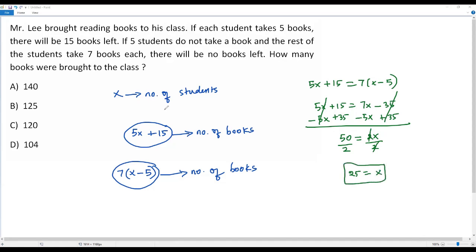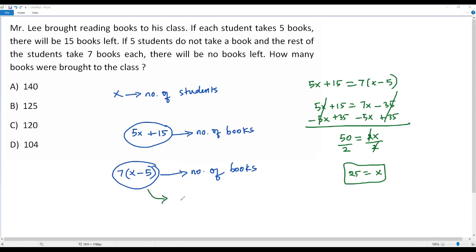That is, there are 25 students in the class, but our aim is to find the number of books brought to the class. For that, we have to plug in this 25 for x, either into this expression or into this expression, because both the expressions represent the number of books. For my convenience, I'll plug in 25 for x in this expression. In both the expressions, we'll get the same result.